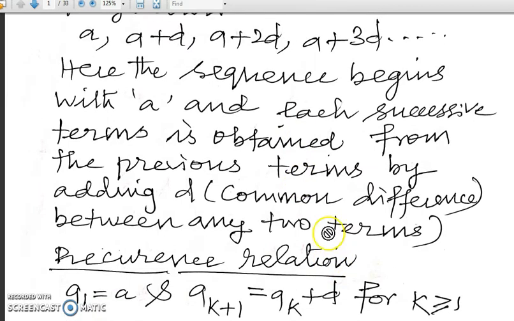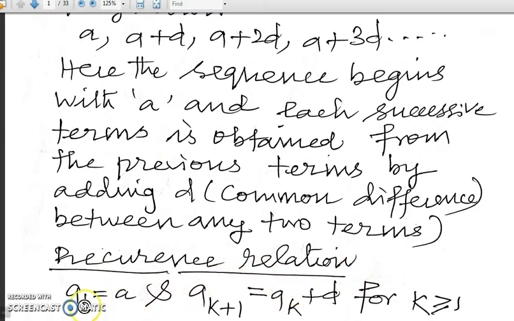If a sequence is like this, then we can get a relation connected to this. A relation is possible to make such a sequence, and that relation is called a recurrence relation.